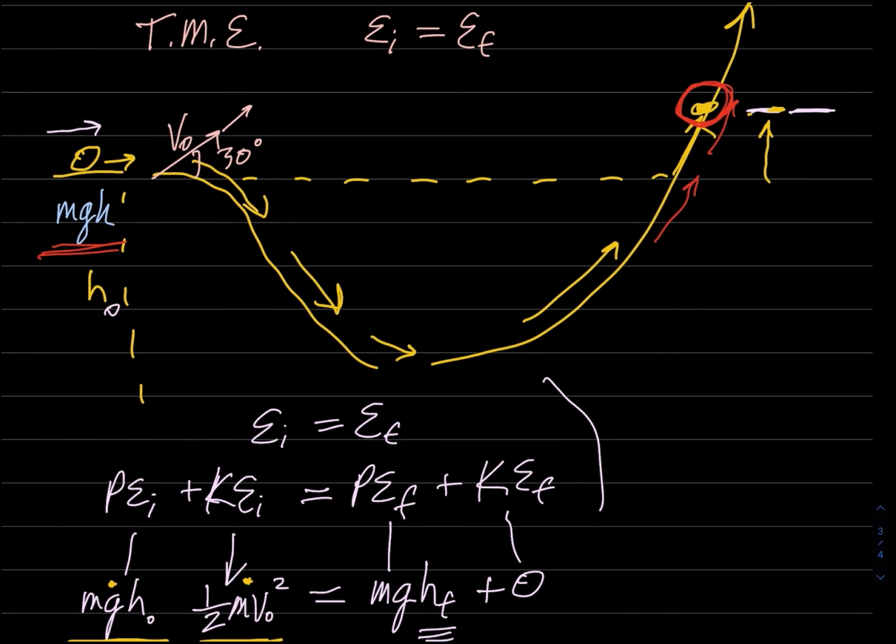What matters is how much energy it has at the start of its trip. It has the gravitational potential energy because it's h height above the ground, and it has kinetic energy because it starts out with a certain speed. But the angle of the launch won't matter in this situation.